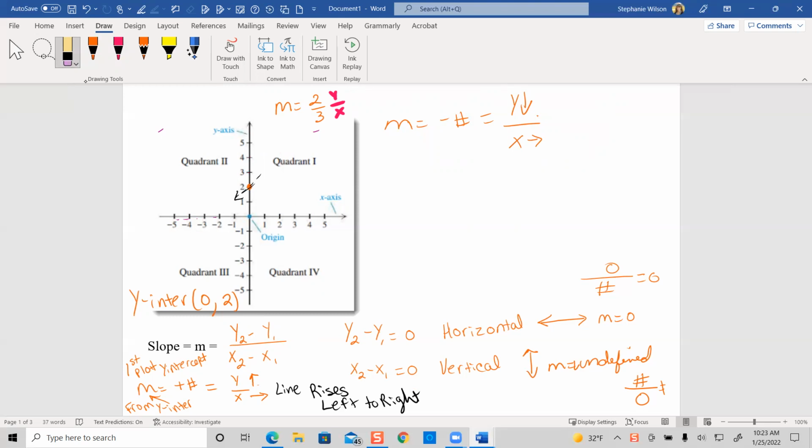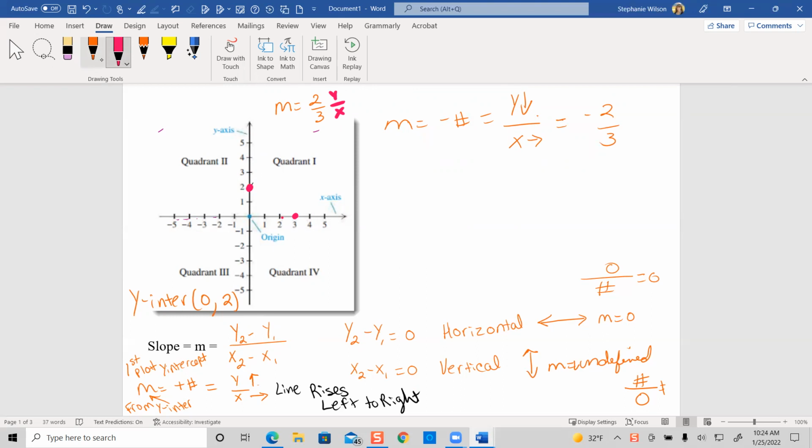So again, let's use this y-intercept of 0, positive 2. So from here, I'm going to go down, and let's use the slope of negative 2/3. So we're going to start where it crosses the y-axis, and we're going to go down 1, 2, and then to the right, 1, 2, 3.